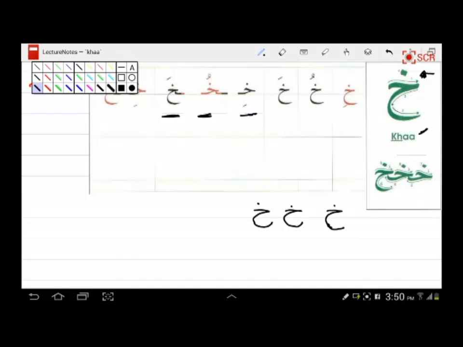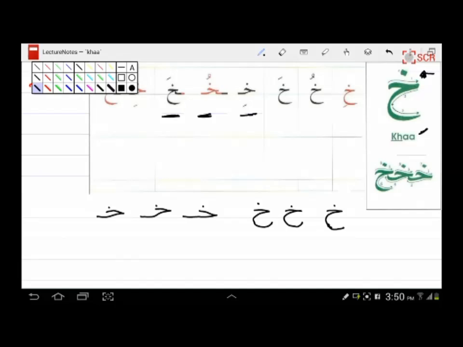Ha. Okay. Initial. You could put it like that, and you could make it like that. Depends. So here's the ha. That's ha.